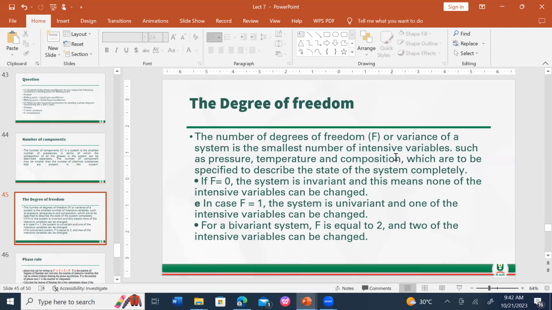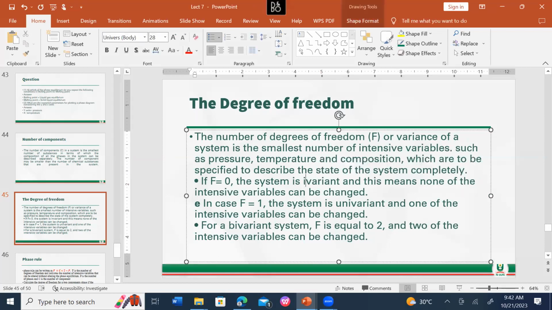For instance, if we are trying to define a liquid gas equilibrium, there are two degrees of freedom there. You can alter the pressure, you can alter the temperature. But at triple point, there are three phases there, so you cannot alter them. When we calculate the degree of freedom, you will know that. So if the degree of freedom is 0, the system is invariant.